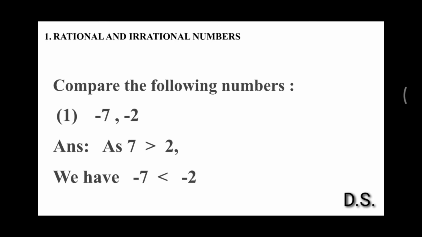So we'll consider positive numbers 7 and 2. Here 7 is greater than 2. Take the opposite sign. That means when you take opposite numbers, the sign changes. Therefore, -7 will be smaller than -2. Remember, 7 is greater than 2. That's why -7 is smaller than -2.